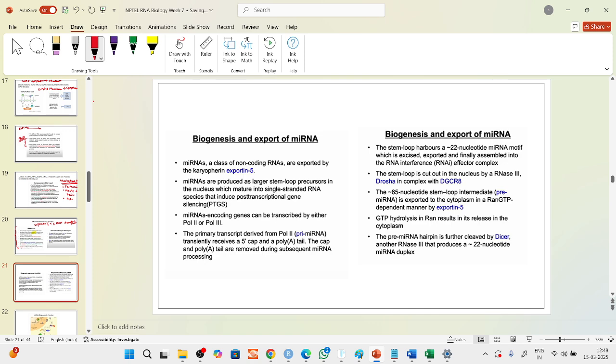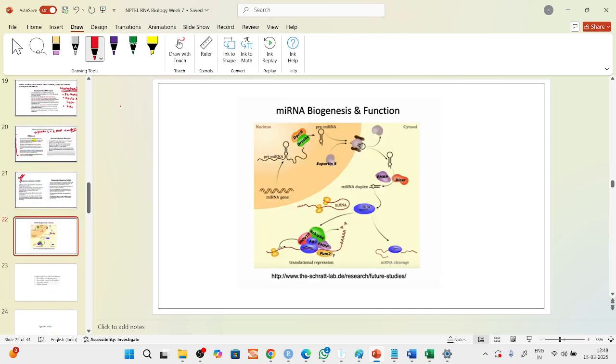Next is biogenesis and export of miRNA. How miRNA is formed and how miRNA is then exported. This is important. I will explain this with the help of the figure given here, because then it becomes easier.